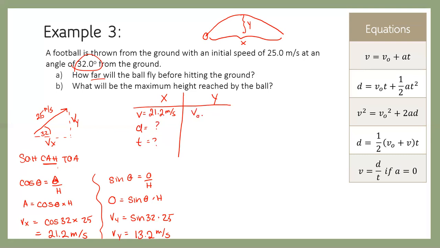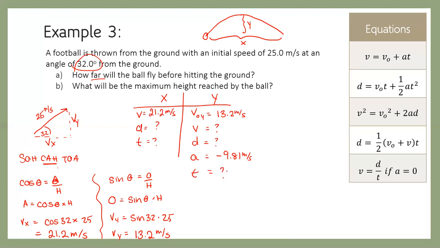So the initial velocity in the y direction is 13.2 meters per second. Final velocity in the y direction, we don't know. But we do know the acceleration is negative 9.81 meters per second squared. And then time is what we want to solve for.